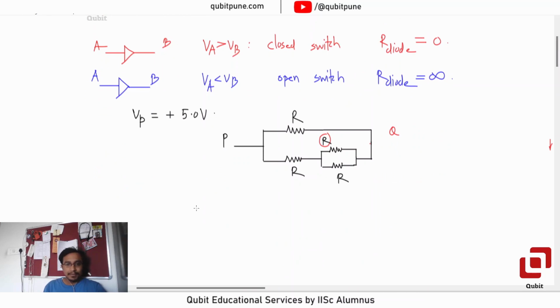Okay. Now can we find the equivalent resistance? Of course. For this, the resistance will be R by 2, right? Because they are in parallel, 1 upon R plus 1 upon R, 2 upon R. Take the reciprocal out. R plus that, 3R by 2. So 3R by 2 and the upper R are in parallel.